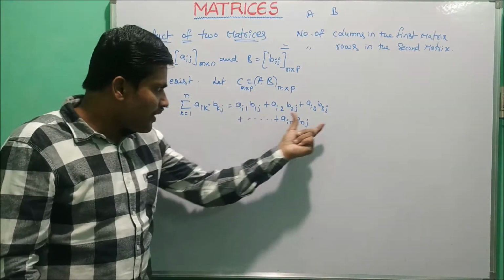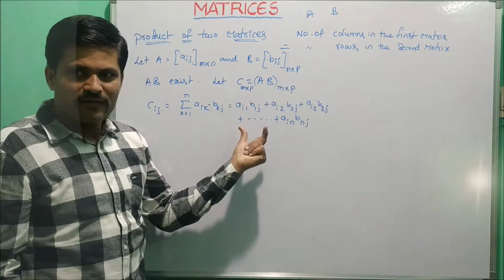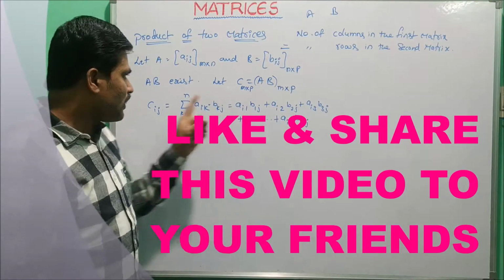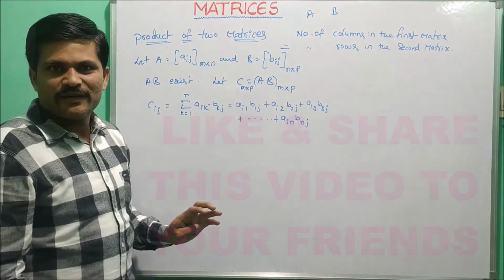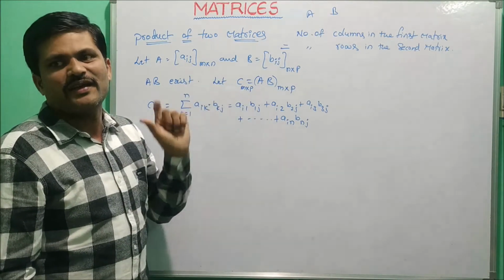Now we take the sum of the products of all these elements and simplify it. Then it is denoted by the element Cij. So this is the element in the new matrix C.